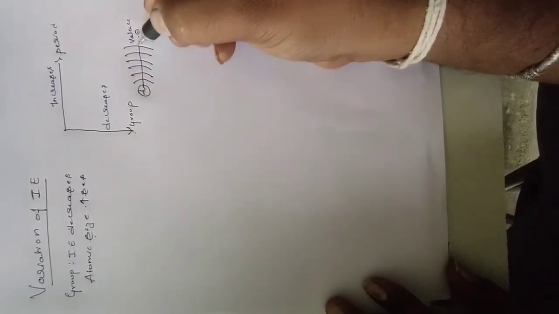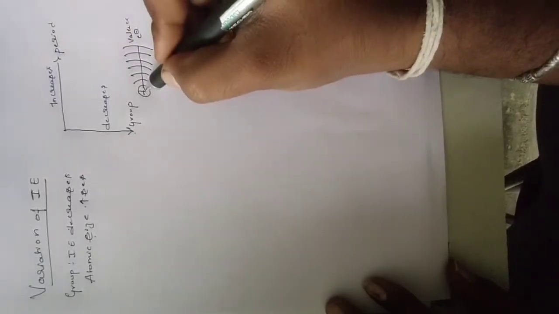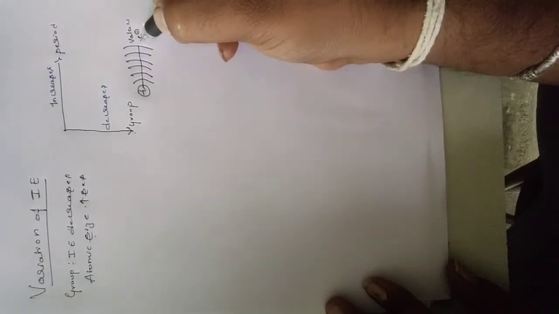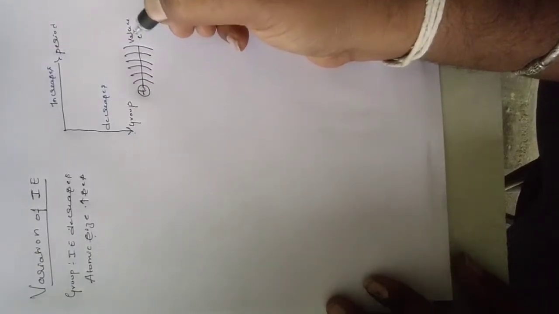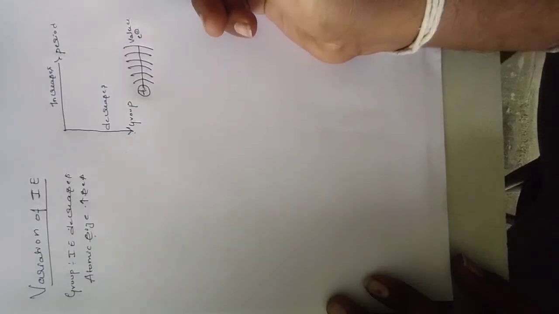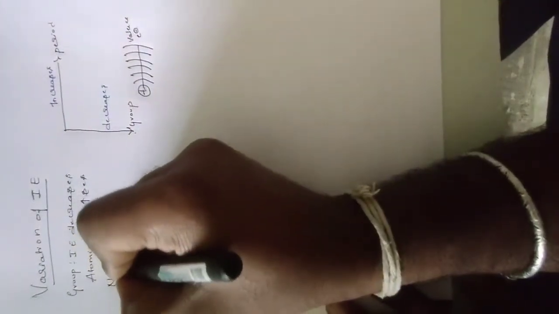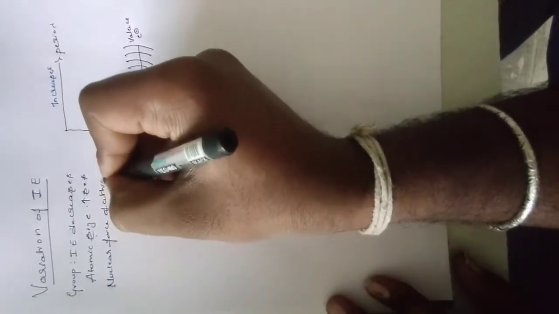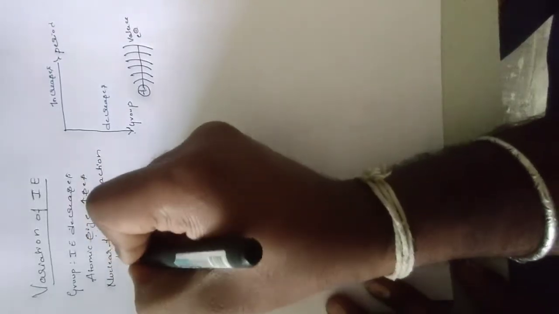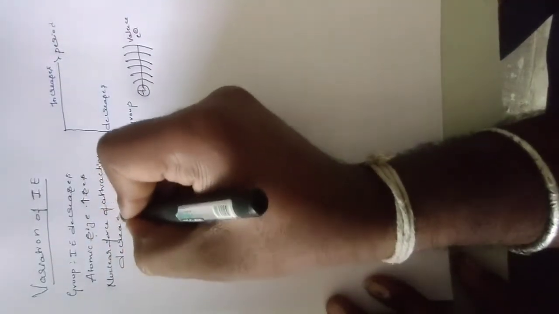The distance between the nucleus and the valency electrons increases. Say this is a nucleus; the atomic size increases, so the distance between the nucleus and the valency electrons increases. Then the nuclear force of attraction decreases.